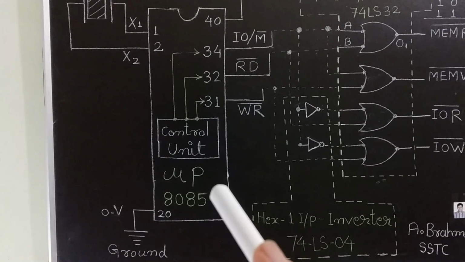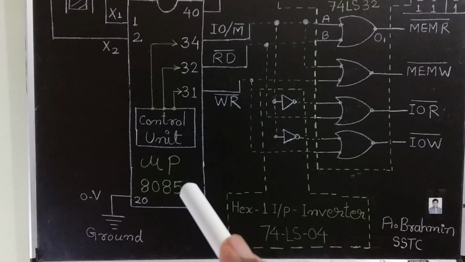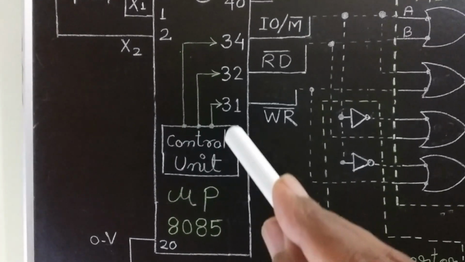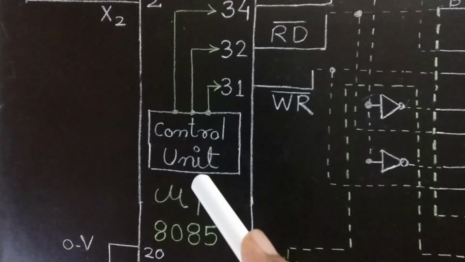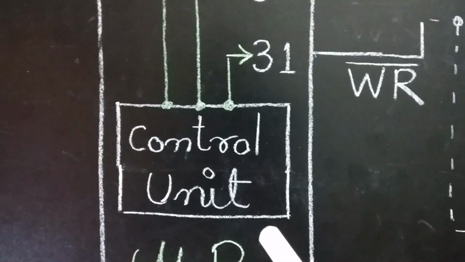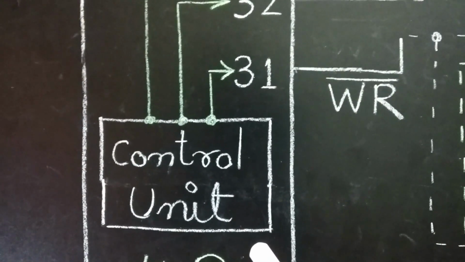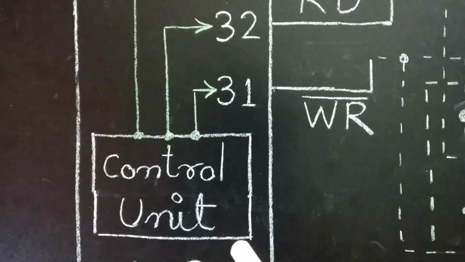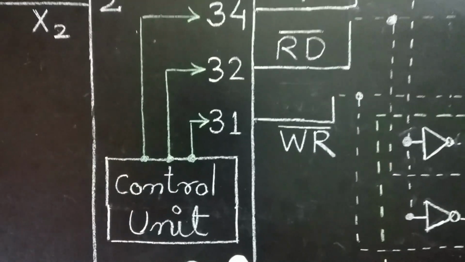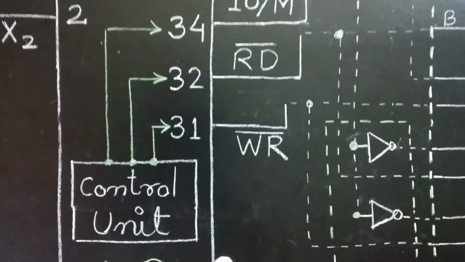For performing different activities of the microprocessor, the control unit plays a very important role. The control unit inside the microprocessor 8085 generates different control signals, and these control signals control different activities.